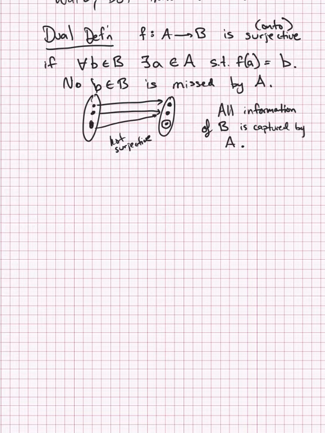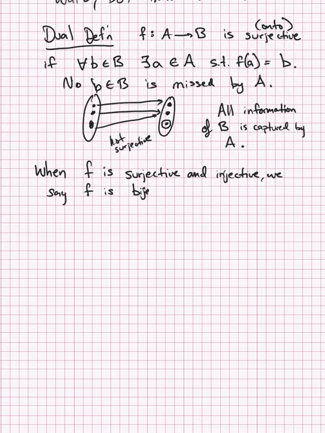Okay, and then when f is surjective and injective, we say f is bijective. In that case, you really think of A and B as, in some sense, containing the exact same information. I'll just draw a picture.